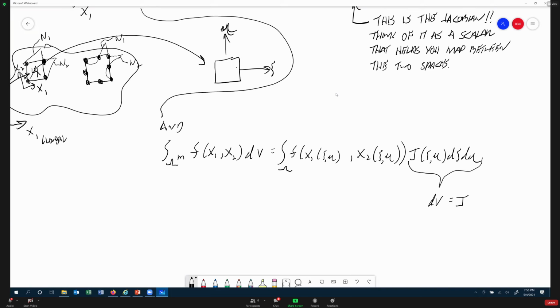This leads to the Jacobian, which is equal to the determinant of the Jacobian matrix.